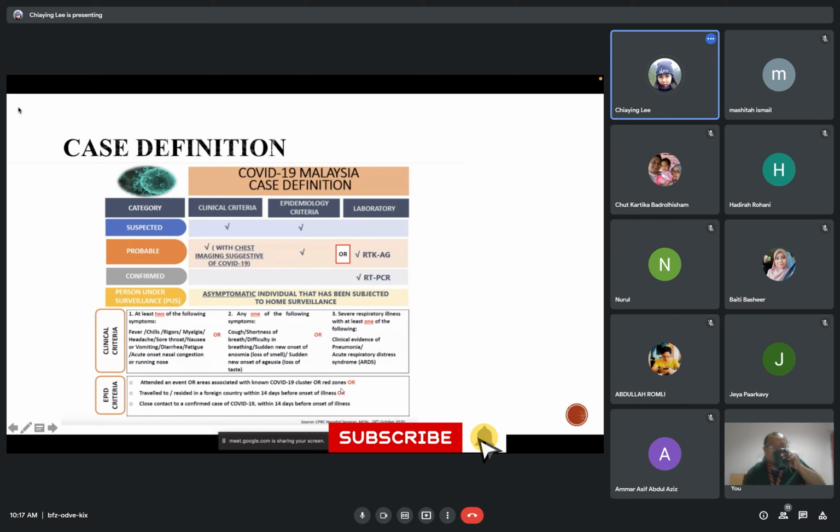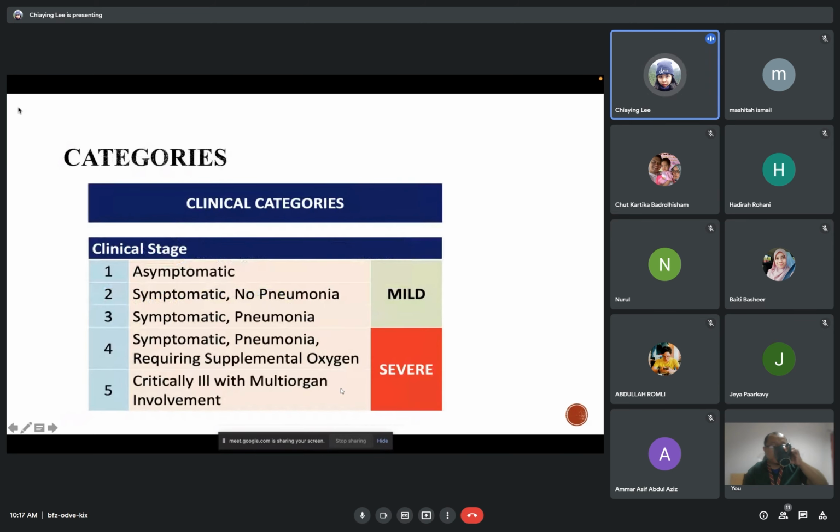Okay, I'll just move on with the categories of COVID-19 illness. We can see patients in mainly 5 major categories in terms of disease progress. First one would be asymptomatic patients. Second group is those who are symptomatic but with no pneumonia.